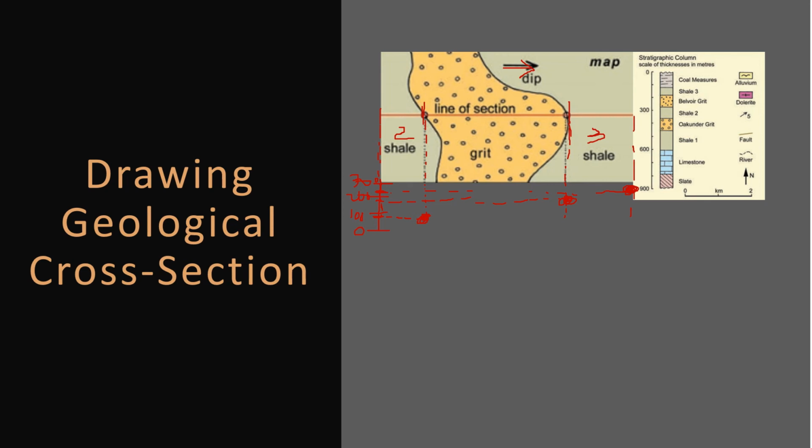If we connect all of that, this would be our cross section. To draw it clearly, let's say this is our cross section.